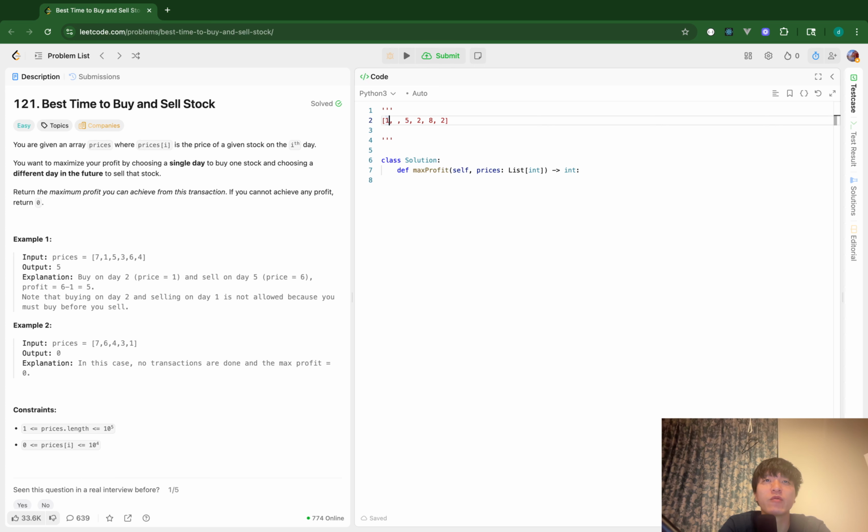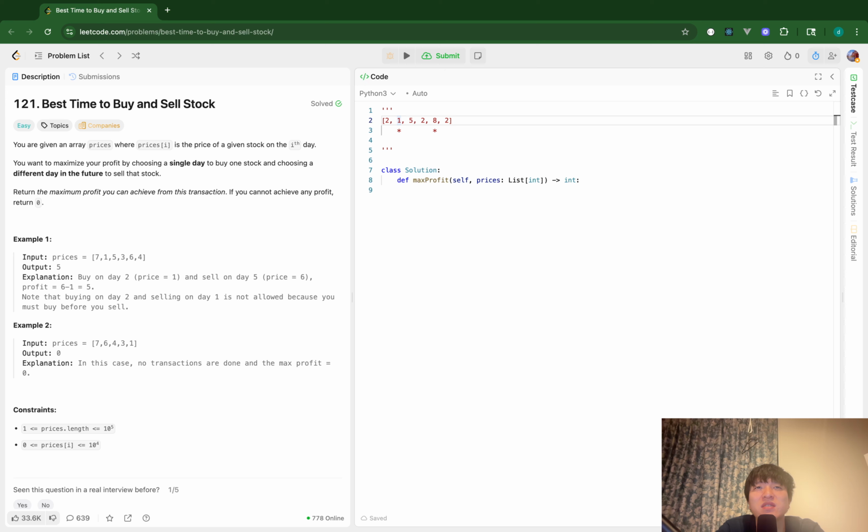Okay, for example, this. I will choose a purchase date and sell date, and obviously it has to be this and this, because the minimum price is 1, which is on this date, and the maximum price is 8, which is on this date. And fortunately, this maximum date is greater than the minimum date.